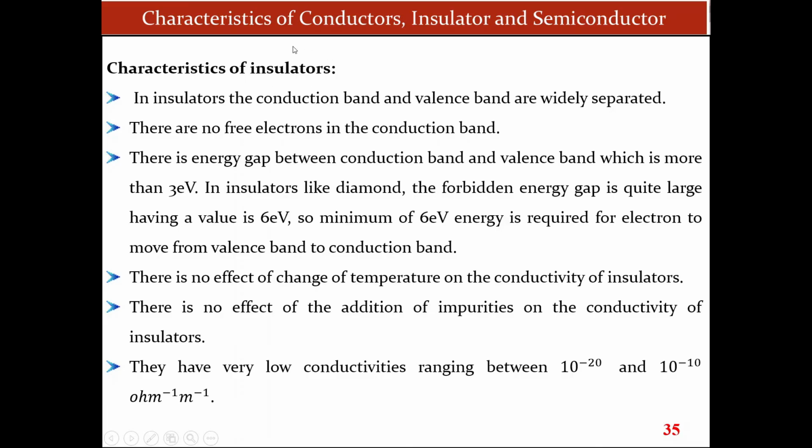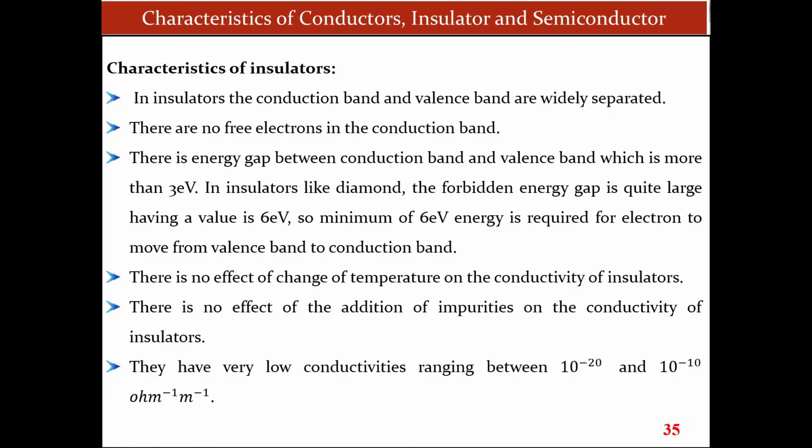In insulators, there is an energy gap between the conduction band and valency band which is more than 3 electron volts. So you need greater than 3 electron volts in order to move electrons from the valency to the conduction band.